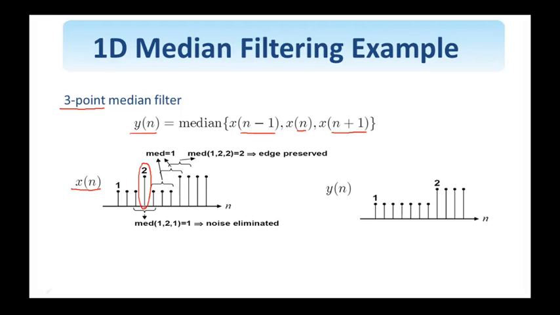So to find the output of the median filter at this location, I consider the values of the input 1, 2, 1. Their median is 1, so therefore the noise is eliminated. If I keep processing also, I see easily that this perfect edge here of the input signal is finely preserved. So here is my y of n, noise is eliminated, sharp edge is preserved, and this is the main characteristic of the median filter.